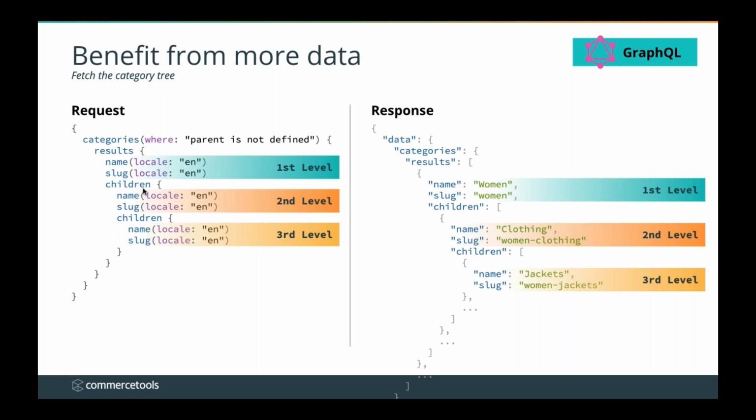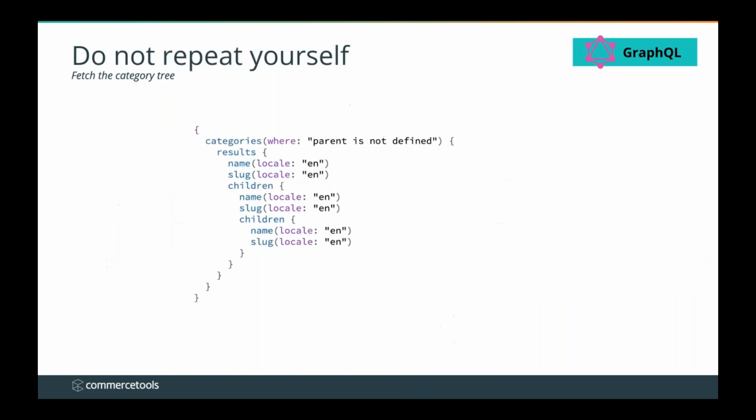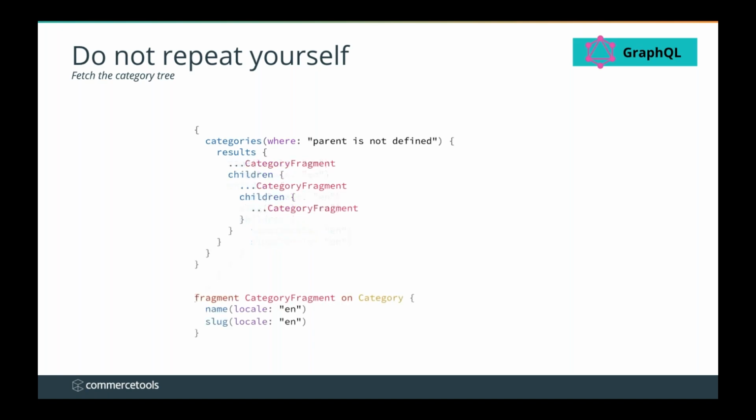It looks very beautiful, right? But from a developer's eyes, probably your eyes are hurting because there's duplication. And luckily, GraphQL has a way to avoid duplication. This method is called fragments.